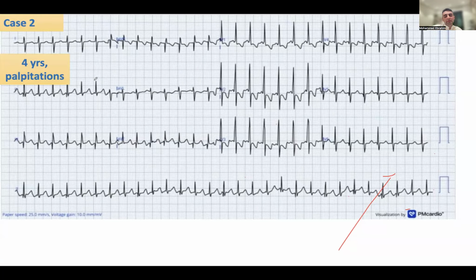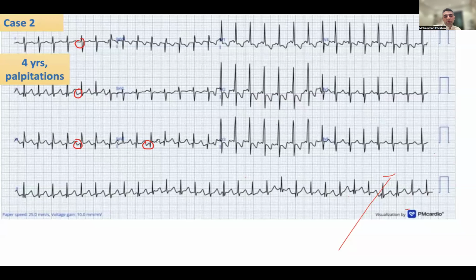Thereafter, you want to ask yourself, is it sinus tachycardia or is it supraventricular tachycardia? Again, you look at the P wave. You see lead 1. Do you see clear-cut P waves? You don't. You look at lead 2, you see probably P waves that are negative. Look at aVF, you see P waves that are negative. So it's not sinus tachycardia, because with sinus tachycardia, you want the P waves to be positive. So this is an SVT.